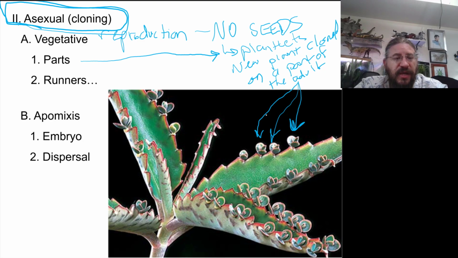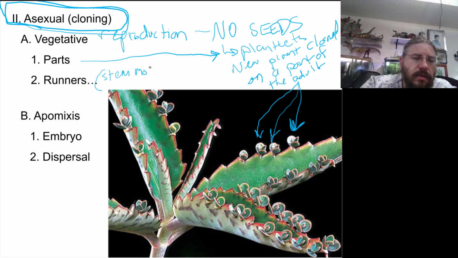And as I mentioned, runners are a highly effective way of getting dispersal while still doing vegetative reproduction. So runners, you get a stem modification that basically grows along the ground and kicks off plantlets.